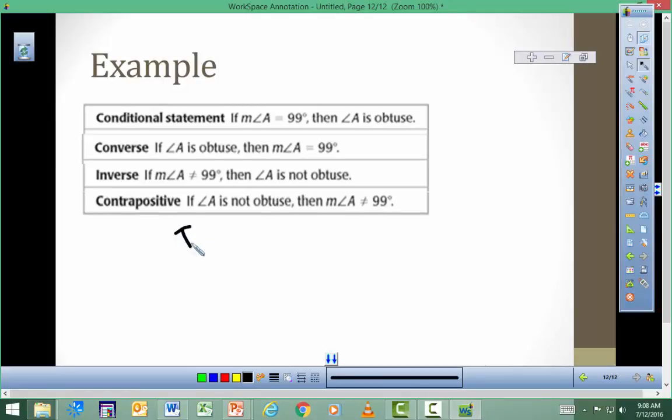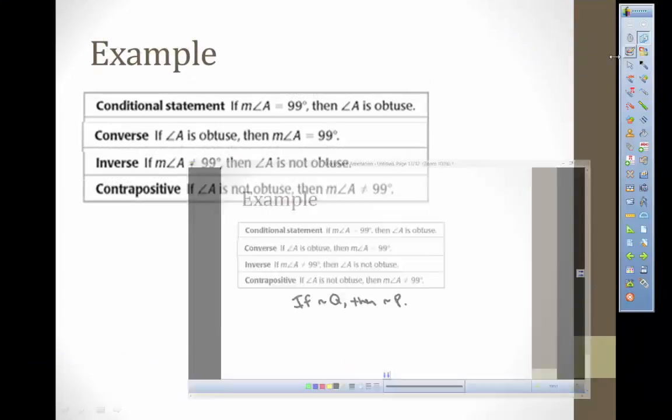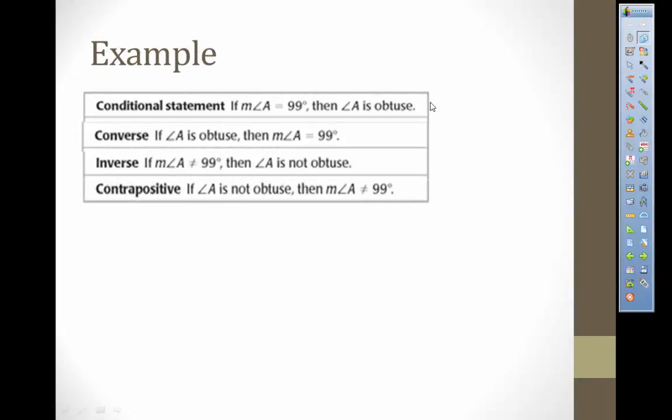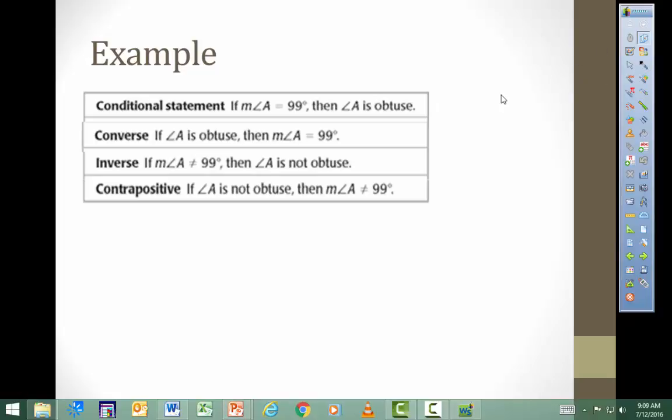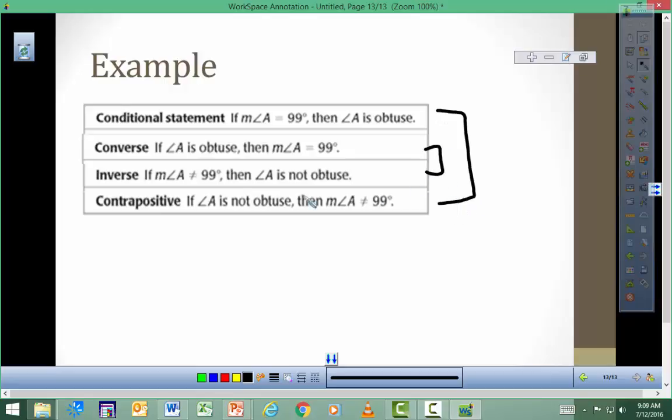If not Q, then not P. And once again, let's check the true and falseness idea here. And you'll find out what I said before on the previous slide. These two are always the same, and these two are always the same. So let's check that out and see if it's true.